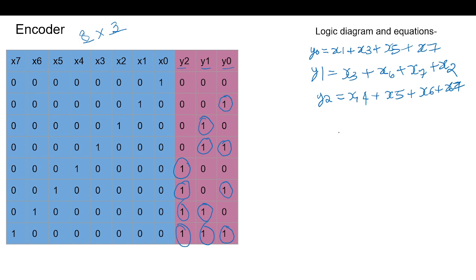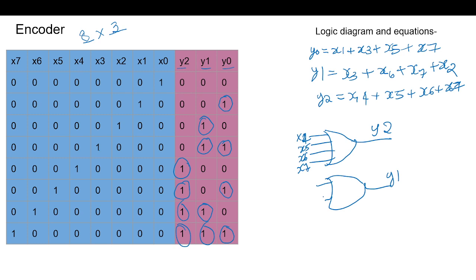So now for this logic diagram we need an OR operation. For y2, I need 4 inputs x4, 5, 6 and then 7, and to generate y1, x2, x3, x6, x7.